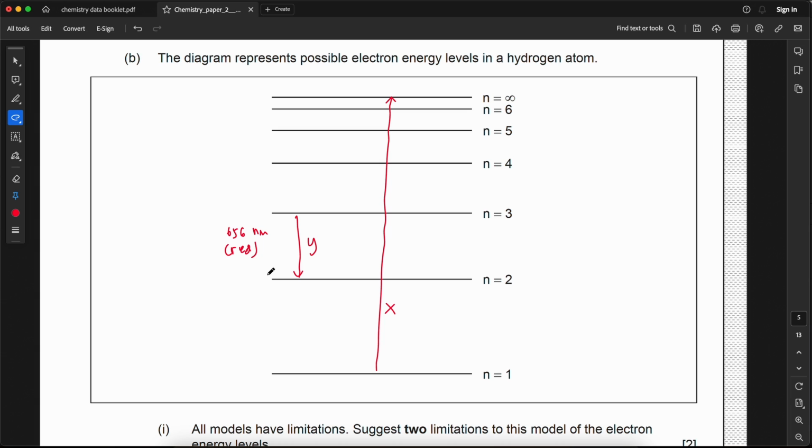It has the lowest energy, longest wavelength. And the opposite between 6 to 2. I'm just giving you additional information. This one is violet with 410 nanometers. So the shortest wavelength, the highest energy, the highest frequency. Wavelength is inversely proportional to frequency, but frequency is directly proportional to energy.